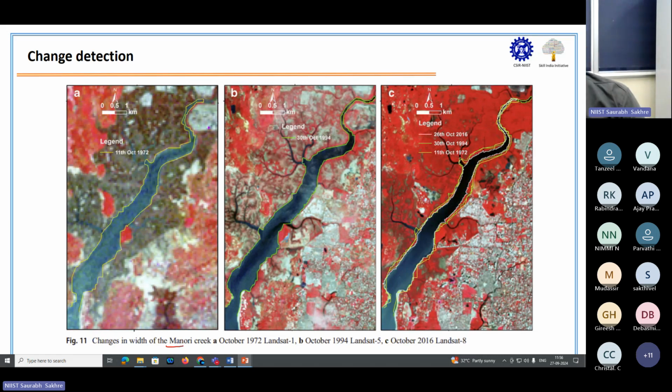Now, how should I proceed to see the life expectancy? So what I can do is that instead of snippets, I can check the width of the creek, which has changed at various locations. And then I can perform one statistical analysis called regression analysis, in which I can see the correlation between the year and the decrease or increase in width of the creek.